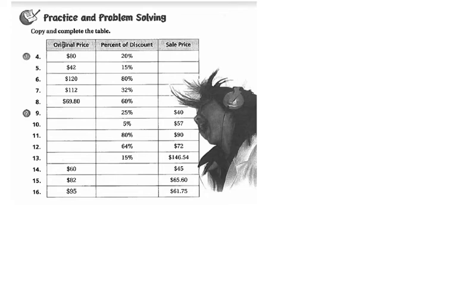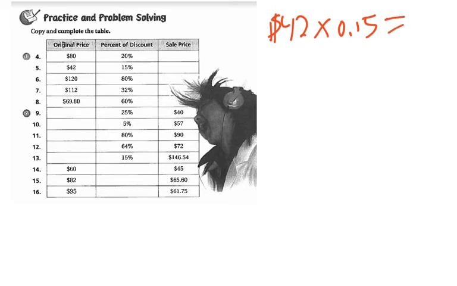Now, here are a couple of practice problems, and you have a few of these to do to practice on your own. So I'm going to go to number 5. If the original price here is $42 and the percent discount is 15%, what is the sales price? Well, I'm going to say it's $42. I need to multiply that by the 15%, and that will tell me what the discounted amount is.